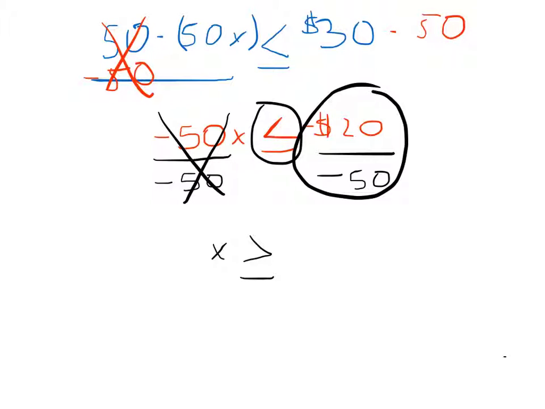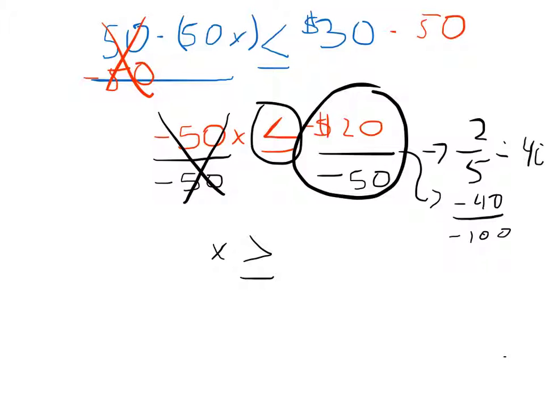Alright, now let's reduce this. That's 2/5, and I know 2/5 is equal to 40%, or you could increase this to 40 over 100. So x is greater than or equal to 40%.